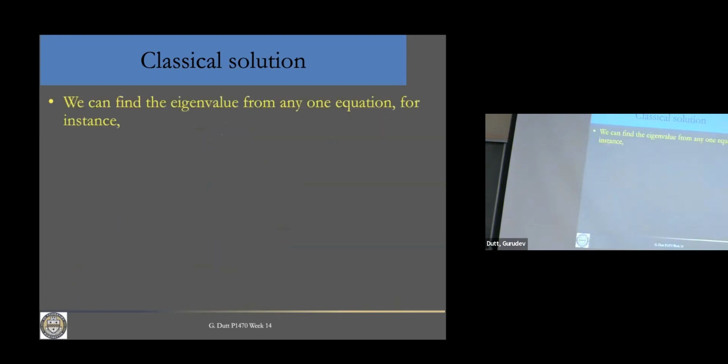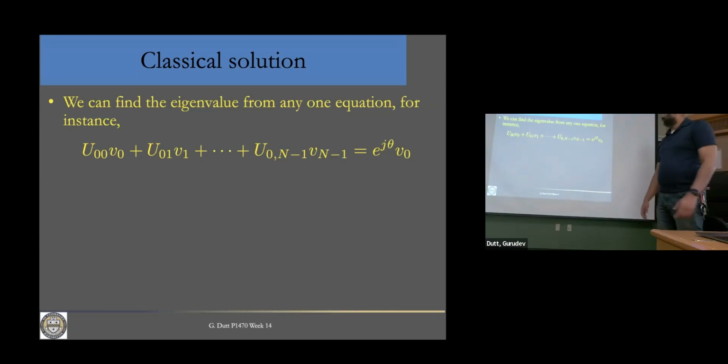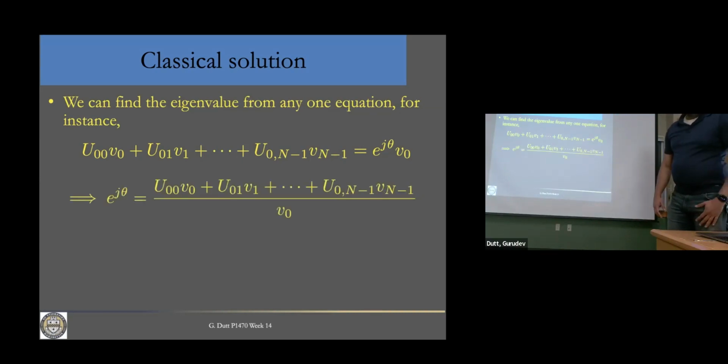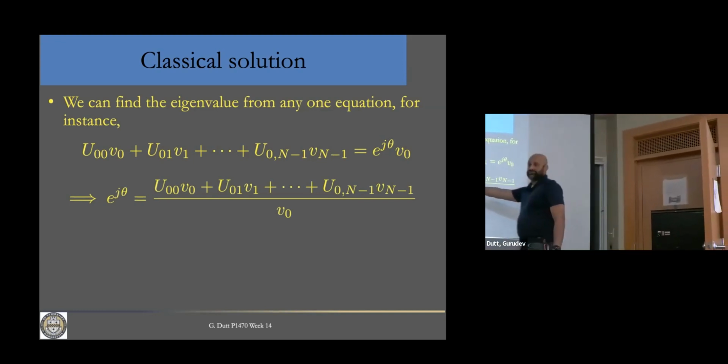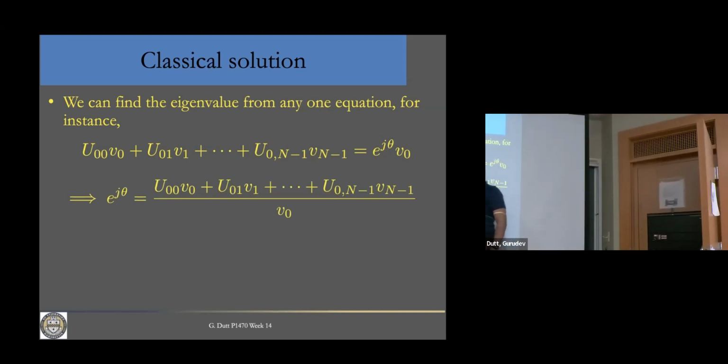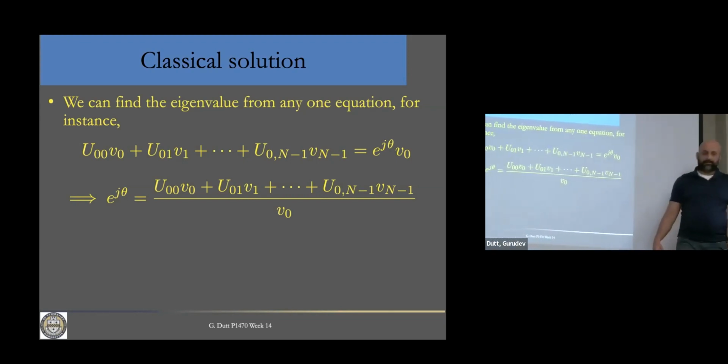That is this equation over here. Just the first row multiplied by the column gives me this, and therefore I can immediately solve for e to the j theta. It's just this number divided by that.